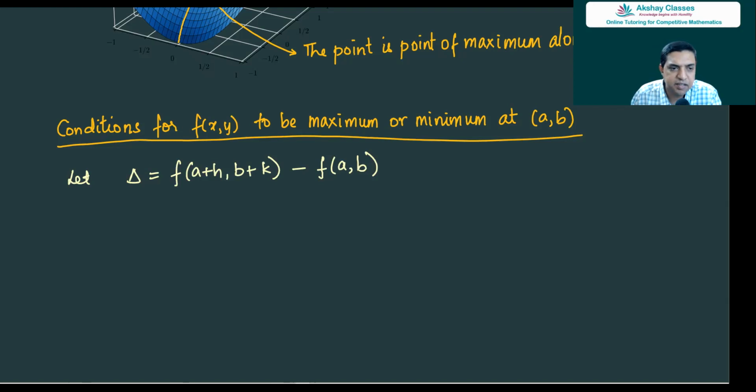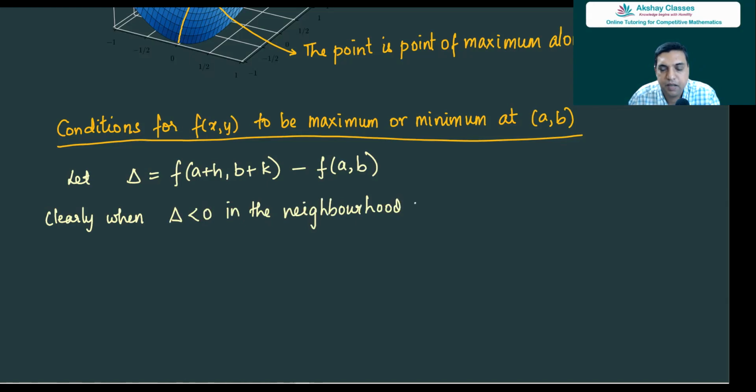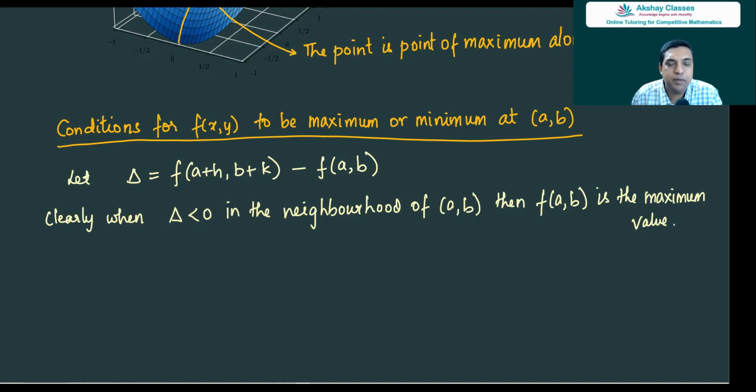Clearly, when delta is negative in the neighborhood of a comma b, then f of a comma b is the maximum value, because all points in the neighborhood are lesser than f of a comma b.